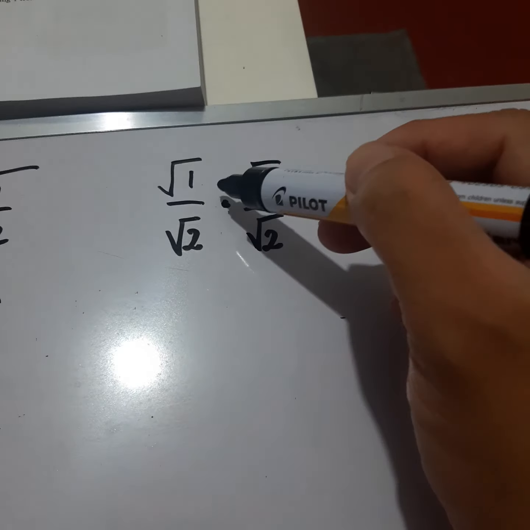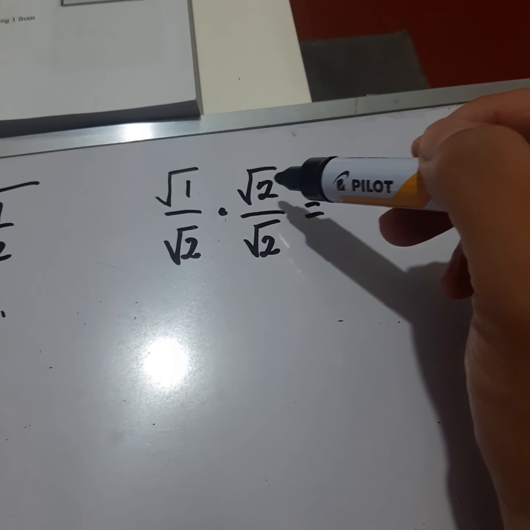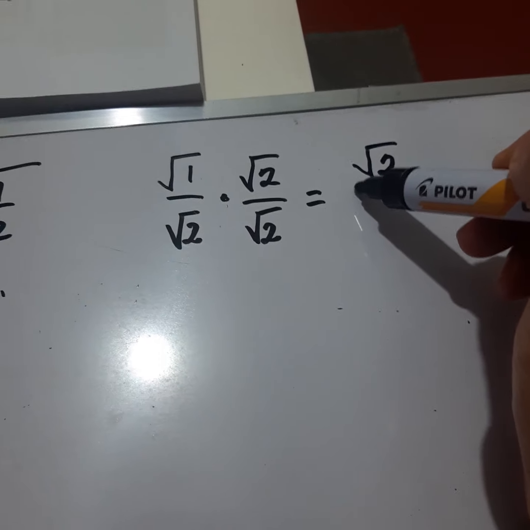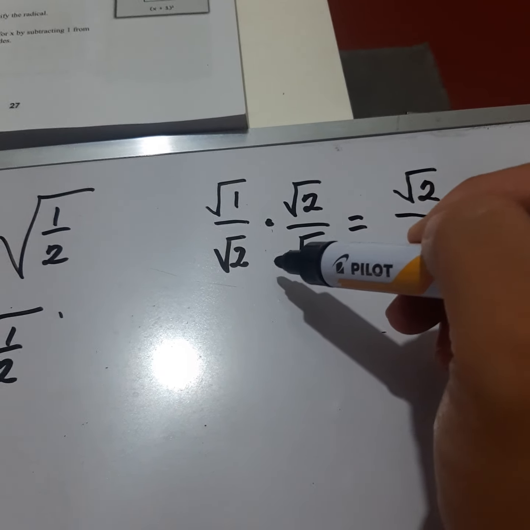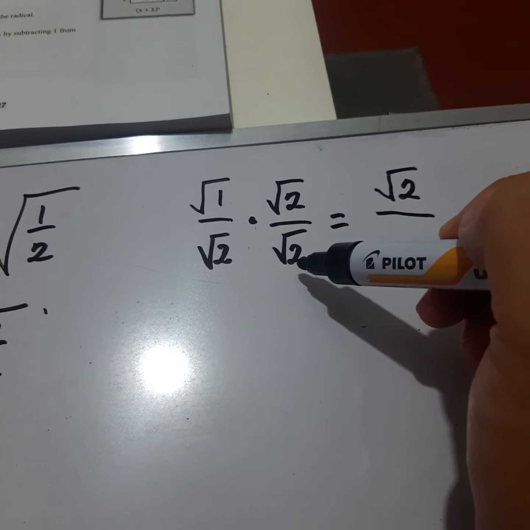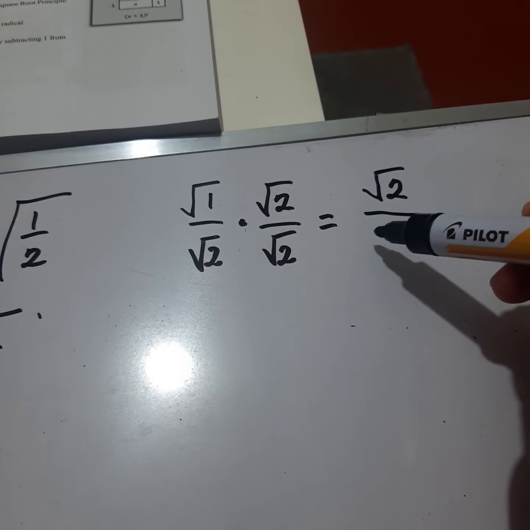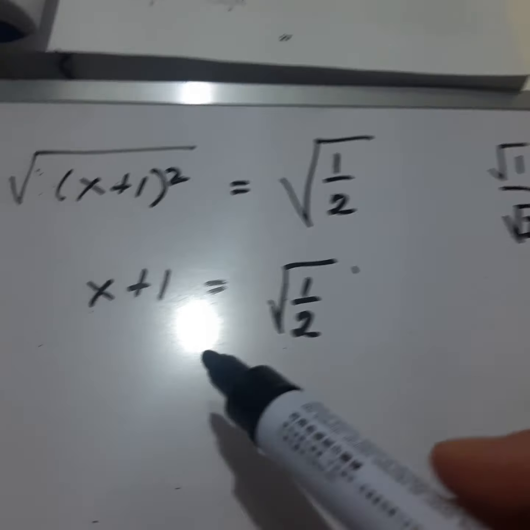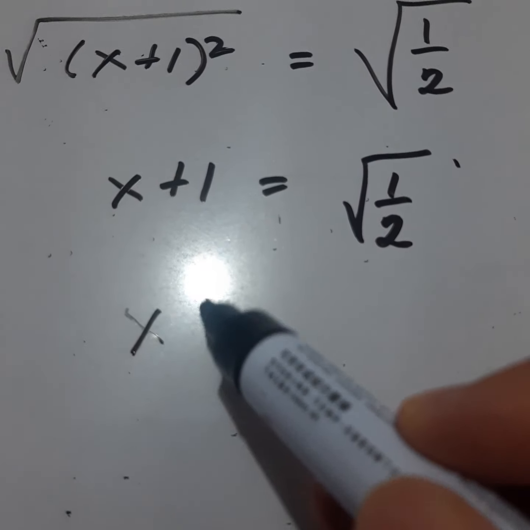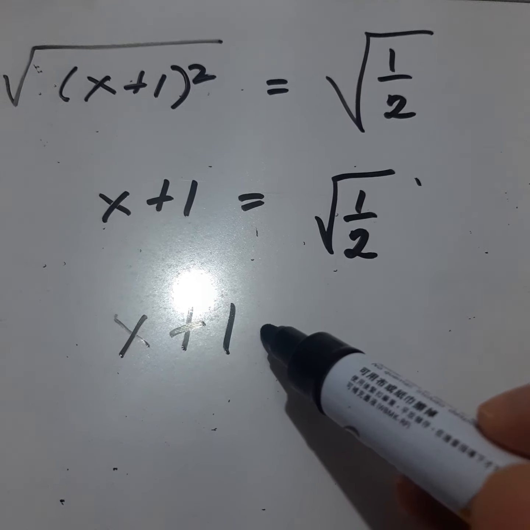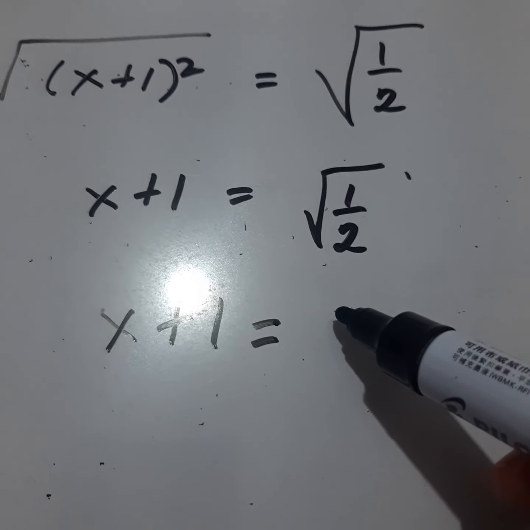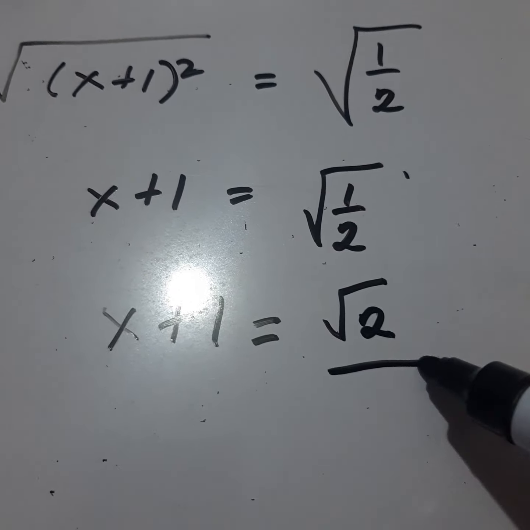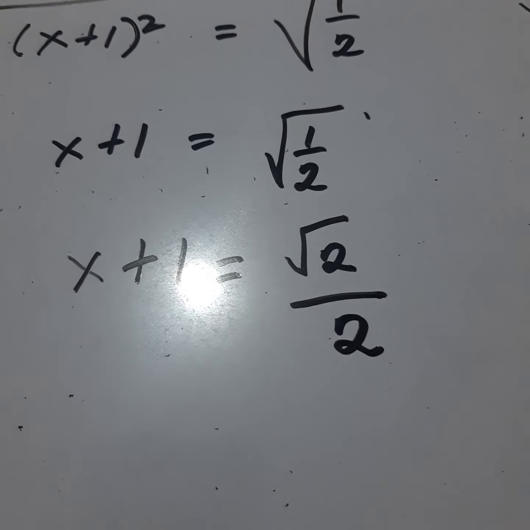So, this will become square root of 1 times square root of 2 is square root of 2. Square root of 2 times square root of 2 is square root of 4 and the square root of 4 is 2. So, we have x plus 1. After simplifying the radical, we have x plus 1 equals square root of 2 over 2.